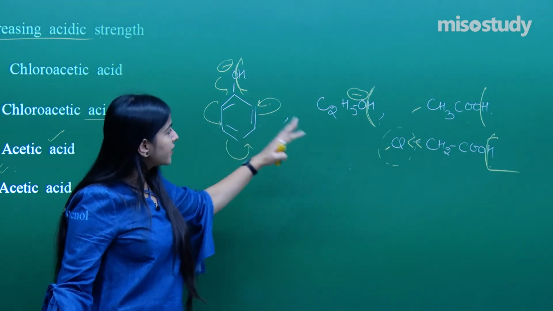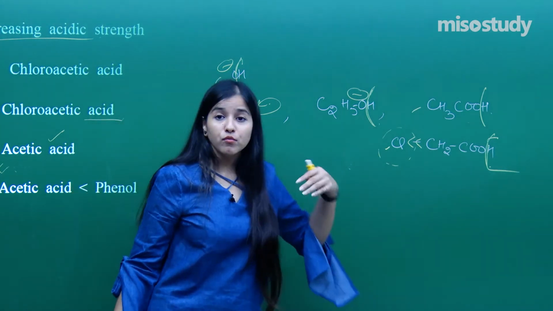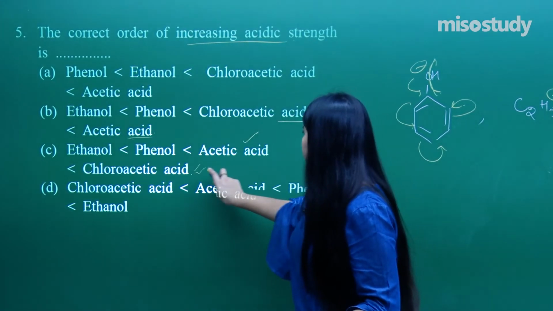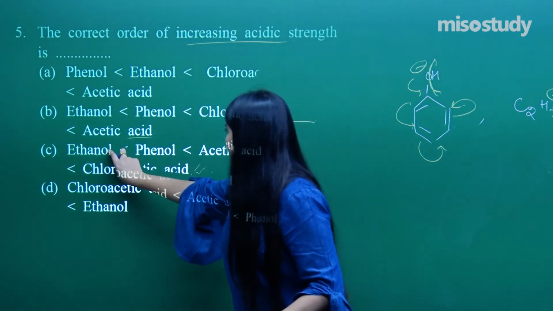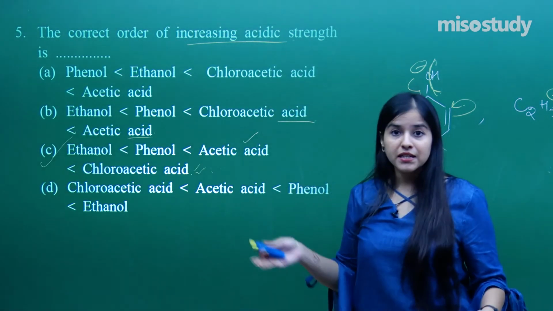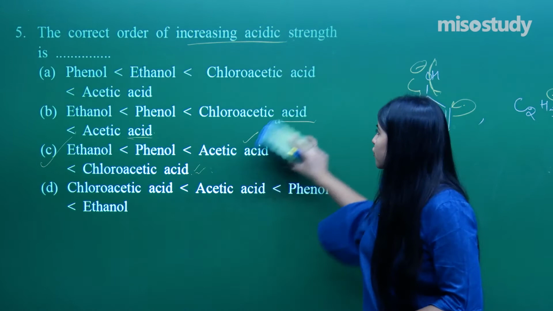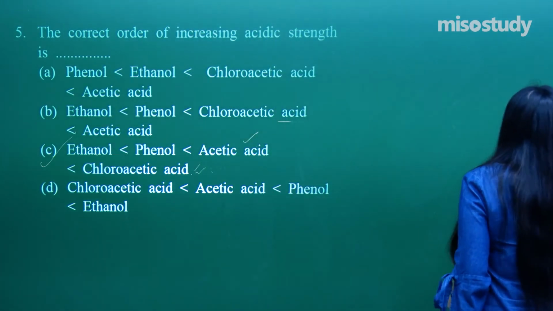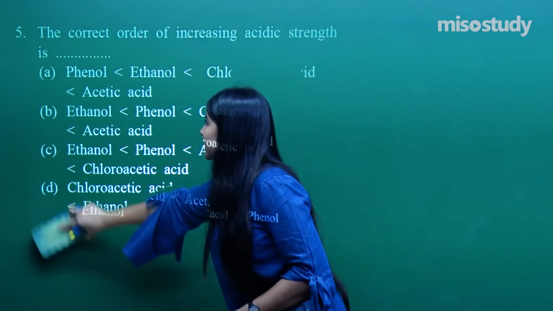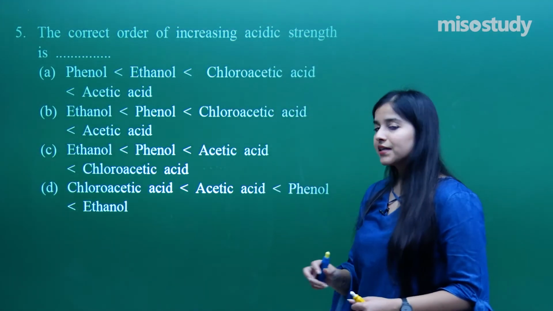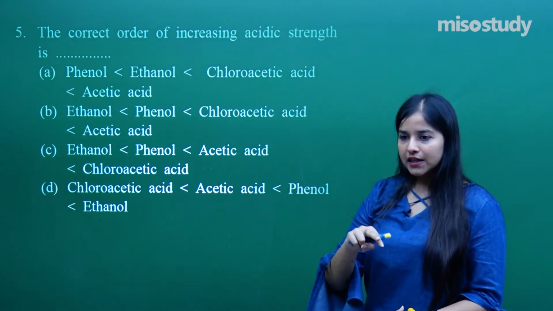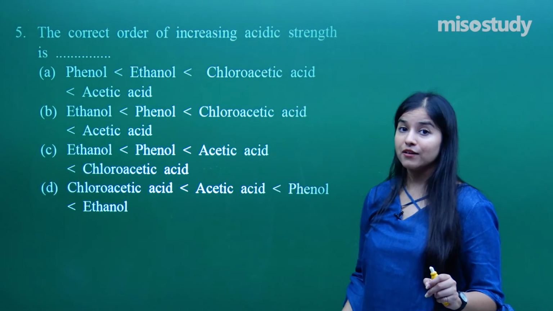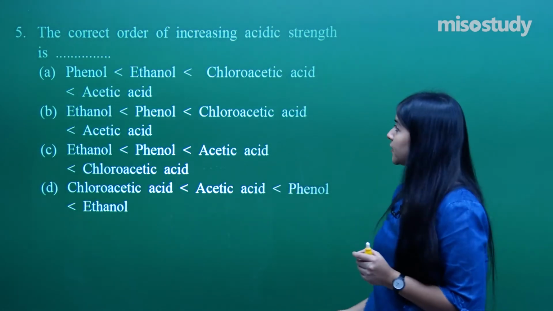So from here we have got an idea that phenol will be more acidic and the least will be ethanol. And from this particular series we have realized that C is the correct option and not the other options. Fine. So I hope everybody is clear with the concept of how we have to check the acidity. And the typical thing is, whenever we are dealing with alkyl and aryl, your reason has to be very hardcore, okay.